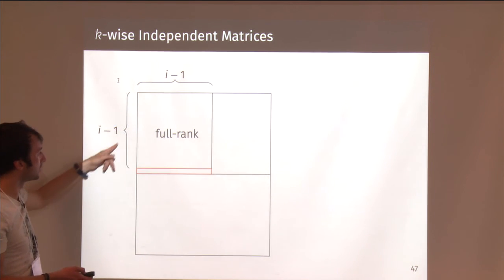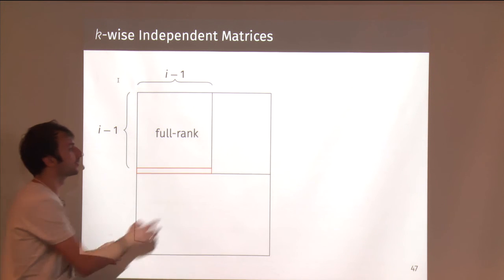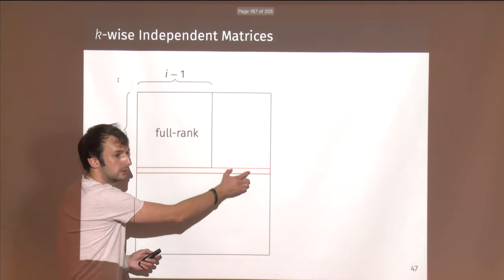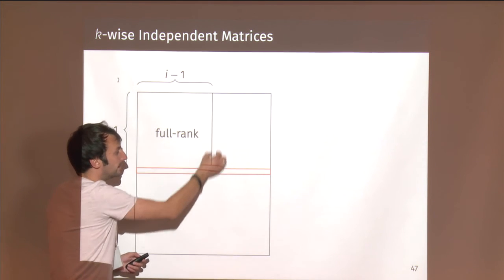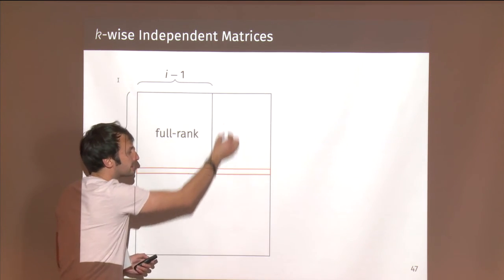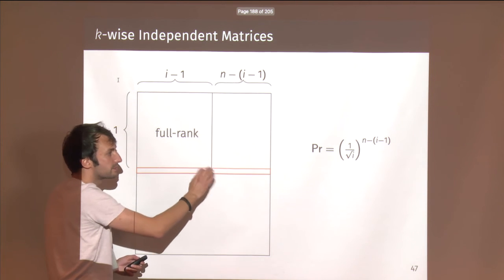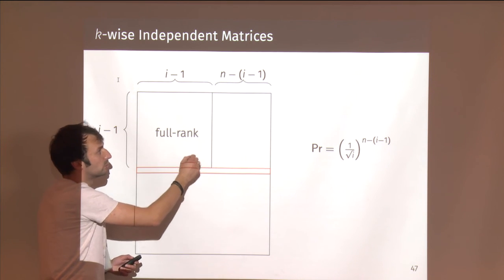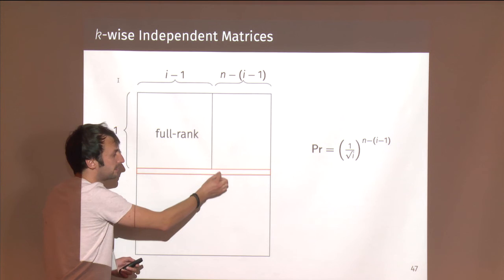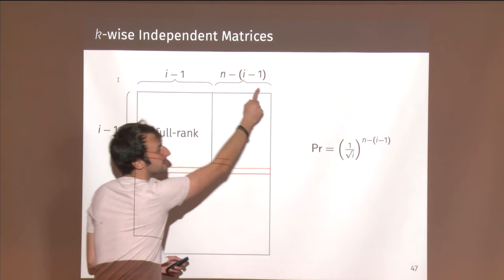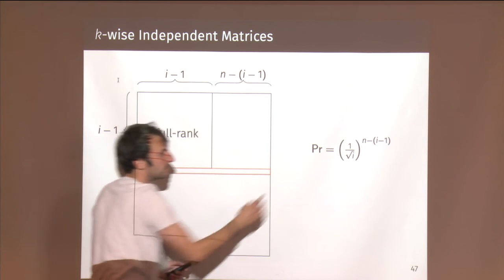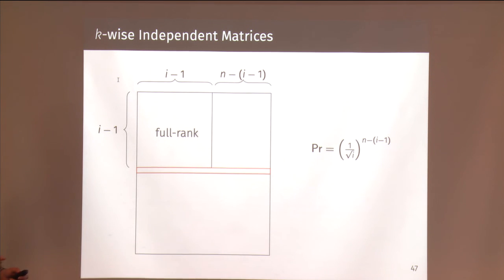I assume these i rows satisfy some linear equation, so this part must satisfy this equation as well. But those are random 0-1 entries. The probability that this satisfies a fixed linear equation is very small. By Littlewood-Offord, each entry satisfies a fixed linear equation with probability 1 over square root of i. Each of them satisfies it with probability 1 over square root of i, raised to the power n.